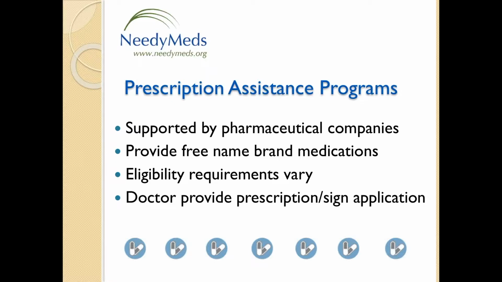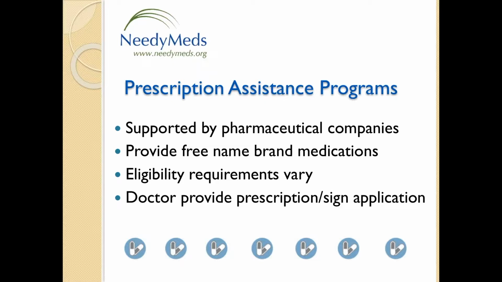One thing though to keep in mind, although the criteria and how they go about offering the programs will change, often the patient's doctor will need to be involved by both providing a prescription for the medication and signing the application.